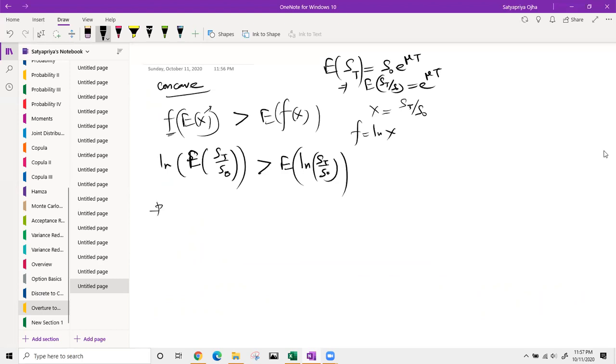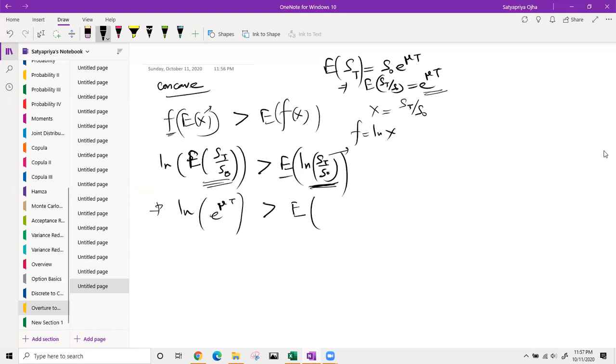So I wanted log of e to the power mu t, correct? As per the inequality, it will be greater than the expected value of log St by S0. Now log St by S0 is the log return, correct? So now I'm taking expectation of the log return.